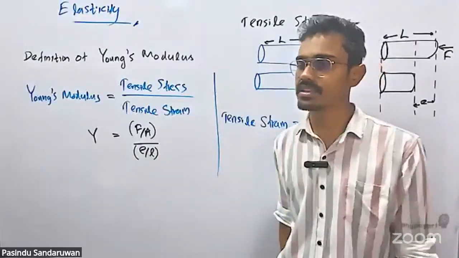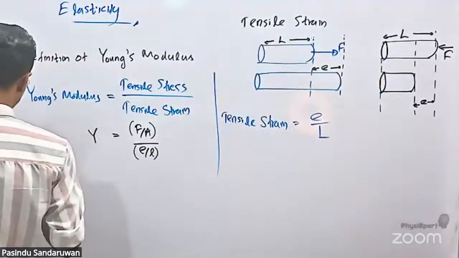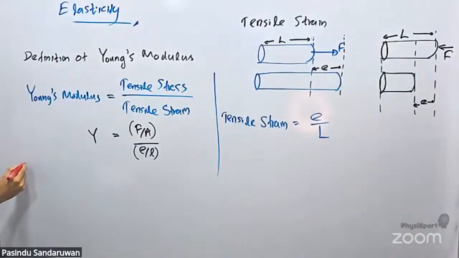Write down the definition in red with an asterisk mark.